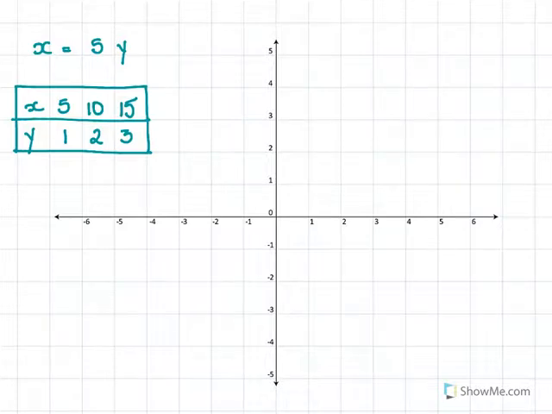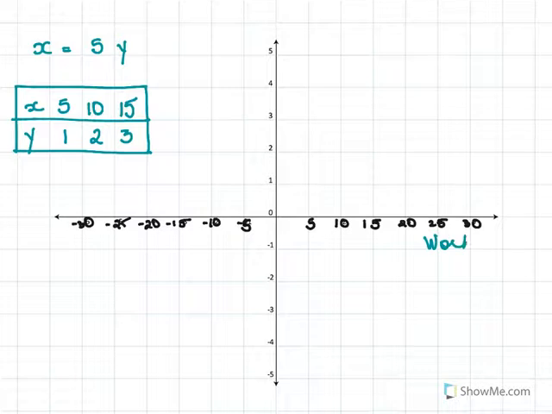Instead of taking 1, 2, 3, which are too small, we are going to take 5, 10, 15, 20, 25, 30, here minus 5, minus 10, minus 15, minus 20, minus 25, minus 30. X is taken as work on this axis, and we have taken distance as y, so we write distance out here.